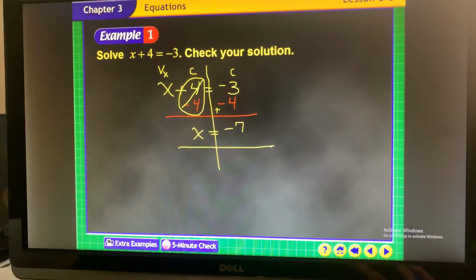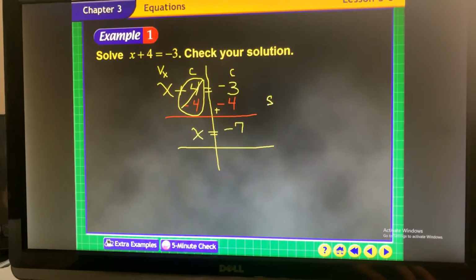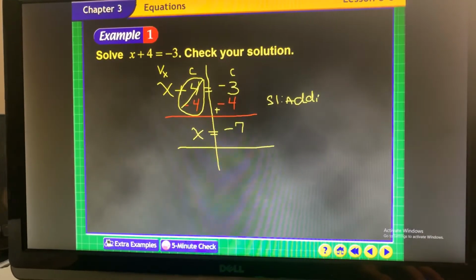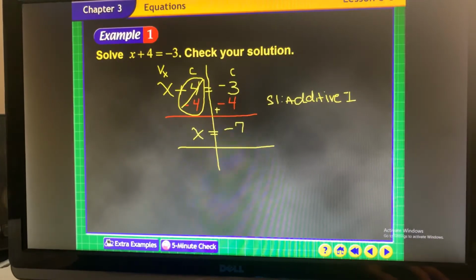That's your solution. So step 1 is do an additive inverse. Additive inverse means I'm adding the opposite number to itself to make 0 to get x by itself. So additive inverse is about taking 4 and adding a -4 to make 0.